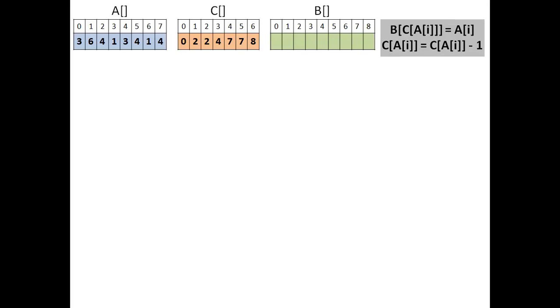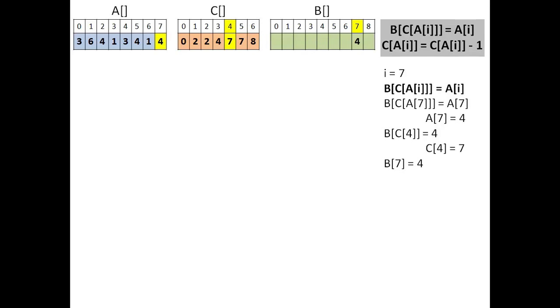Here, array B is used to store the final sorted sequence. So we have to scan the array A starting from the last index, and we have to execute B of C of A of i equals A of i, and then we have to decrease the value of C of A of i by 1.